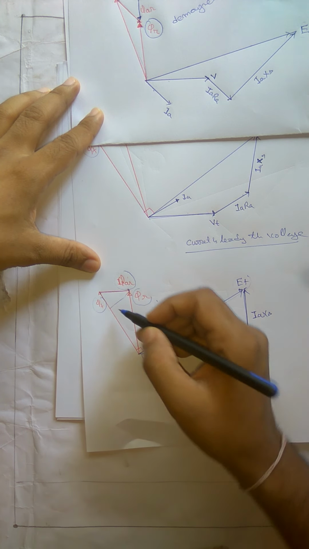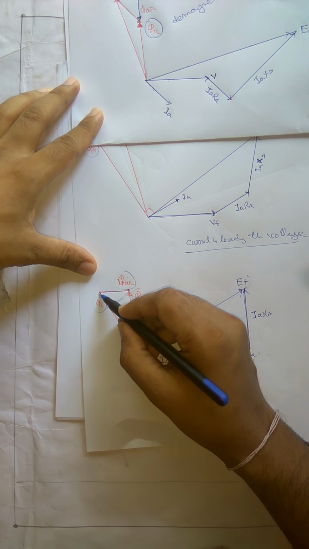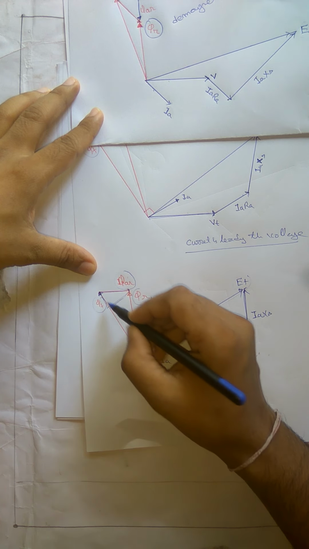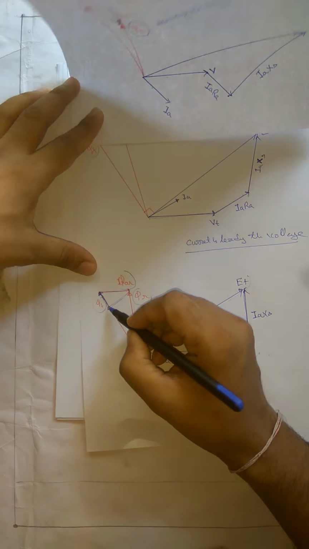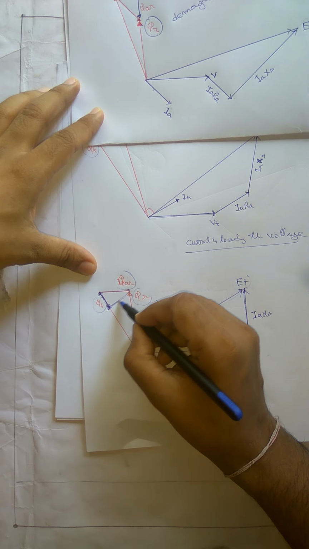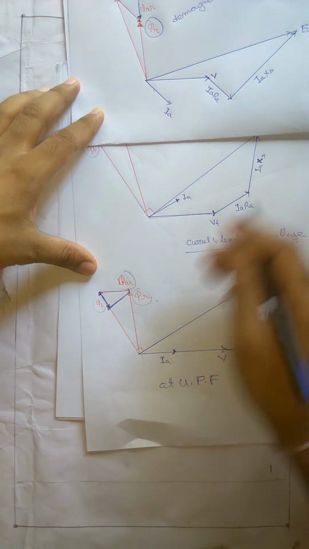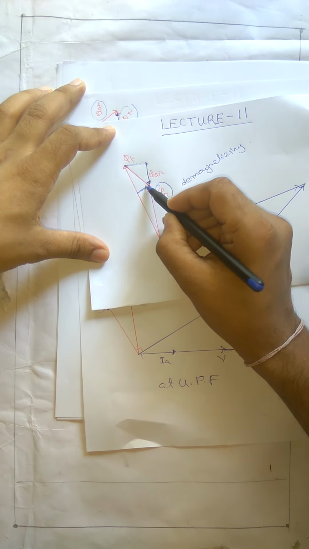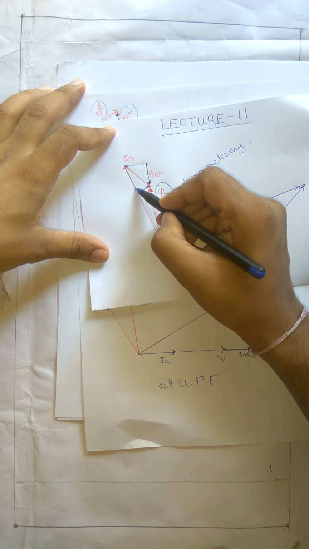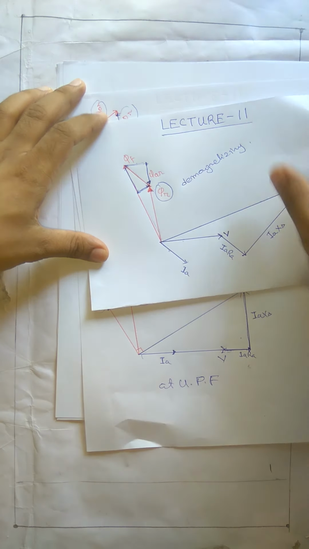If you look here, it has a cross magnetizing component of this much and a demagnetizing component. If you have to look at it in this way, the field was initially this much, now the magnitude of field has reduced to this, so this much is the demagnetizing component and this much is the cross magnetizing component. Here, this much is the cross magnetizing component, this much is the demagnetizing component.